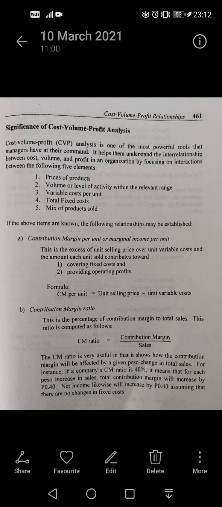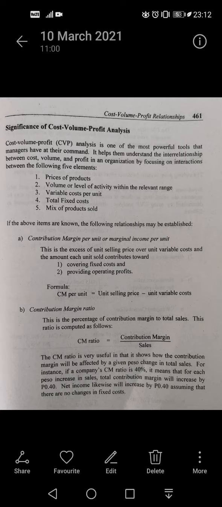Contribution margin per unit, or margin income per unit. This is the excess of unit selling price over unit variable cost, the amount each unit sold contributes toward, number 1, covering fixed costs, and number 2, providing operating profits.